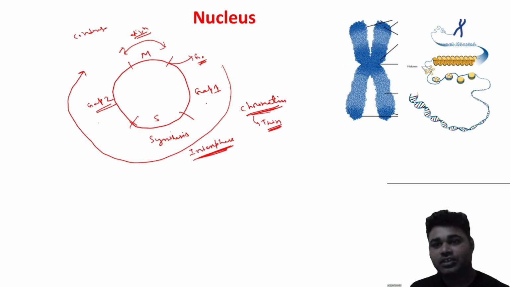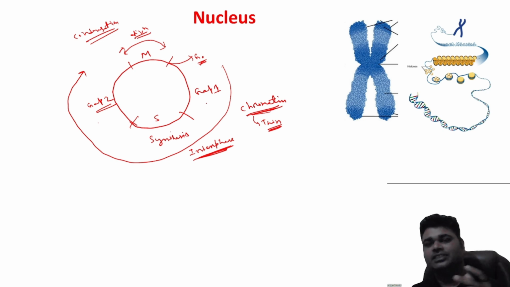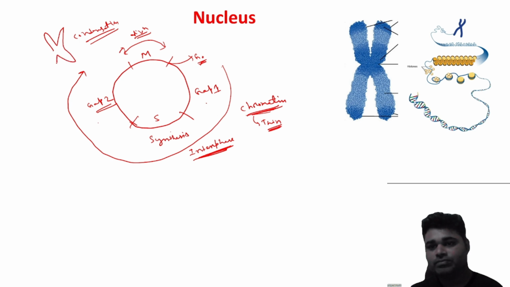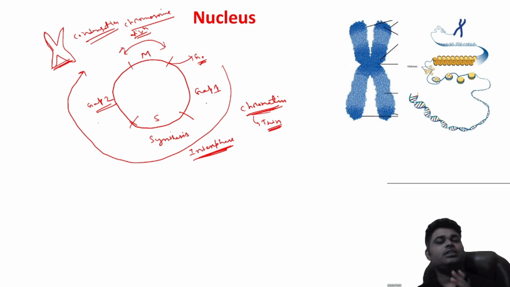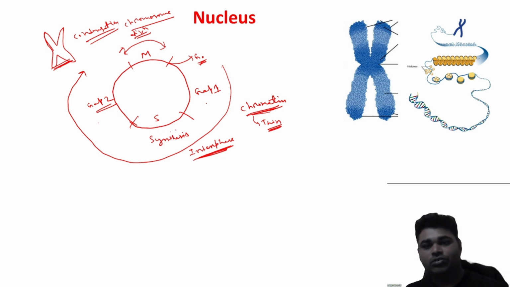What is condensation? Simply, the chromatin thickens and forms a broad structure, and that is called the chromosome. So the structure of the chromatin and the chromosome are the same, but the chromatin is present in the interphase, and during the interphase the chromatin is present in thin form, or you can say it is present in decondensed phases.